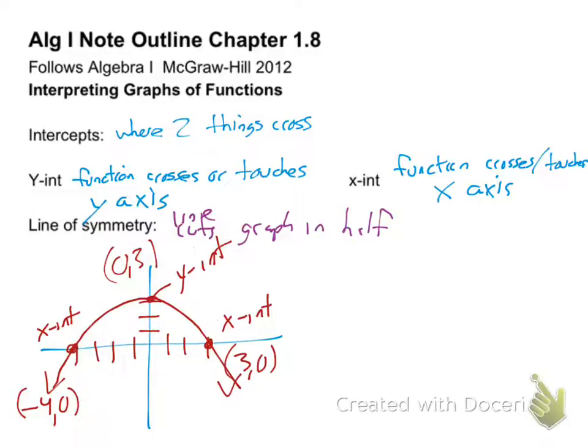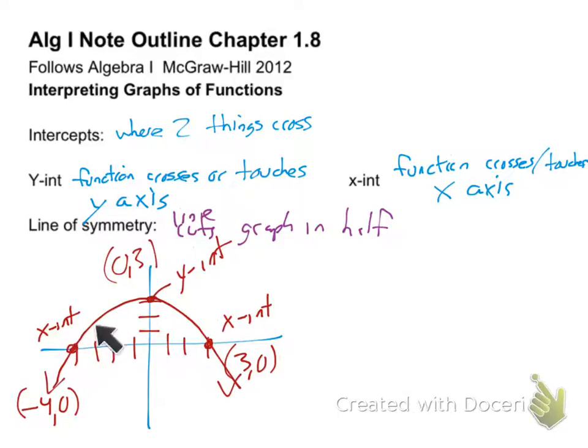Now, in this class we are only going to deal with stating if it has a line of symmetry of the x-axis and the y-axis. So that means, is it symmetric about the x-axis, or the y-axis? Well, first of all, looking at the x-axis, is it the same on both sides?